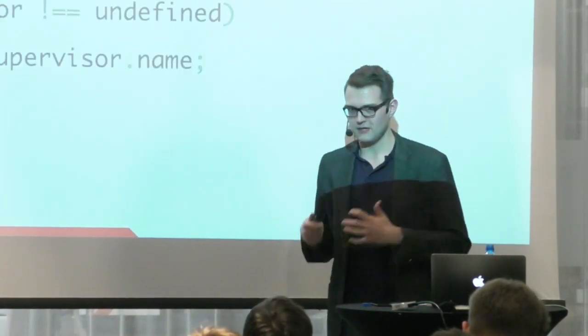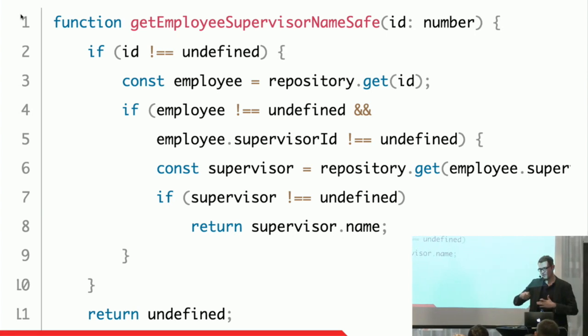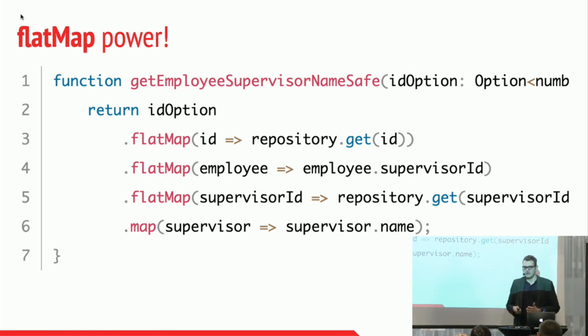So now comes the cool part, because you remember this spaghetti example. What we can now rewrite it to is this. And what happened here? We eliminated all checks for undefined, all checking for empty results. What's left is just the pure essence of what this function is about, because this function is about getting employee supervisor name, and that's exactly what we do.